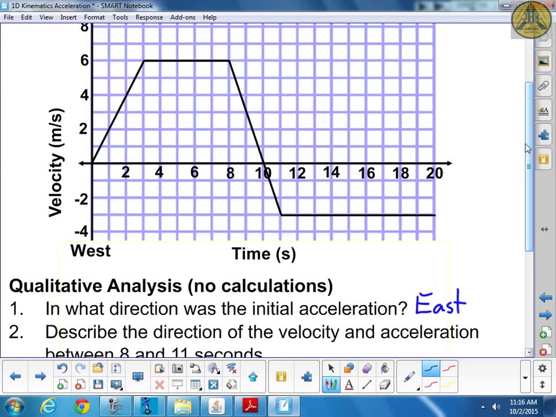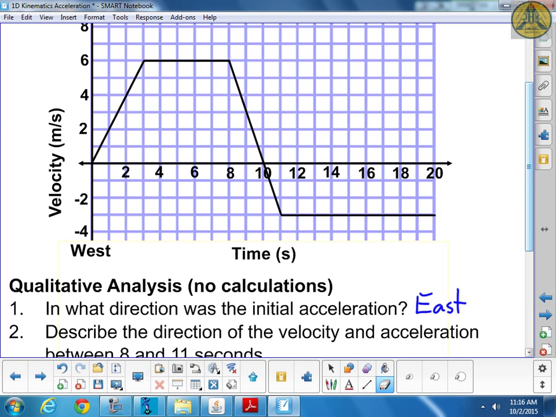Anything up here was traveling east. Anything down below, that's traveling west. There are only 20 seconds of travel, and they changed direction at the 10-second mark. So it's half and half. Just because you've got more squares enclosed in your graph on the east part doesn't mean it spent more time there, because it was moving faster.